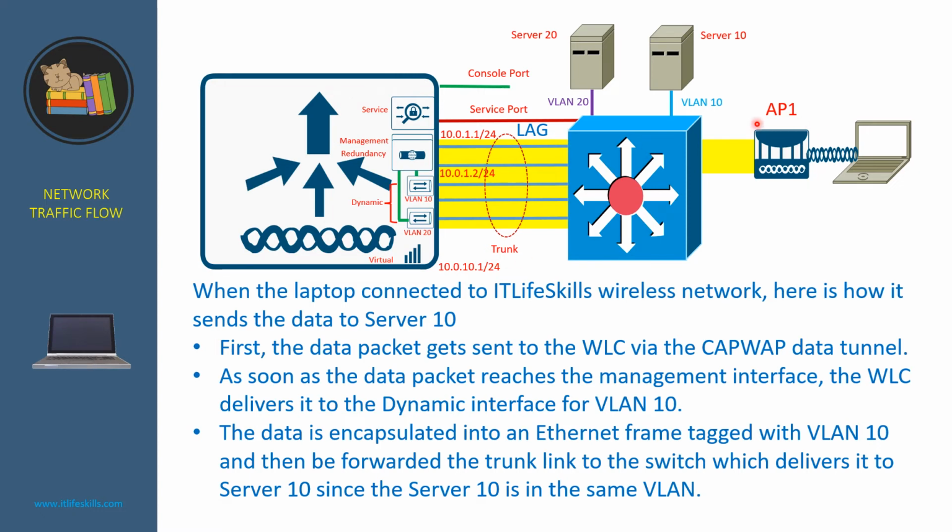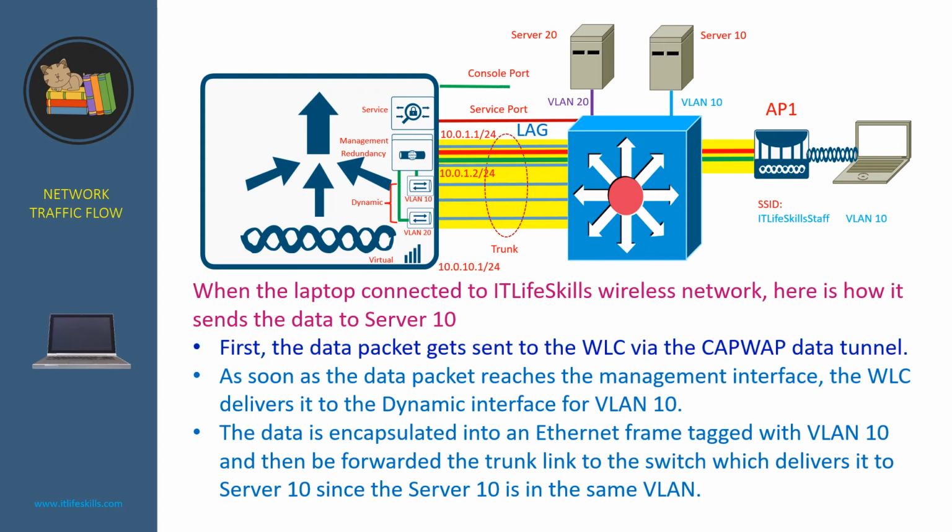As soon as the AP powers on, it will establish the two tunnels to the wireless LAN controller on the management interface and download the configurations from the wireless LAN controller via the control tunnel, which allows it to provide the wireless service. When the laptop connects to IT Life Skills Staff, here is how it sends the data to server 10.